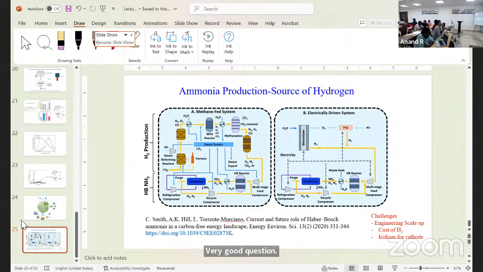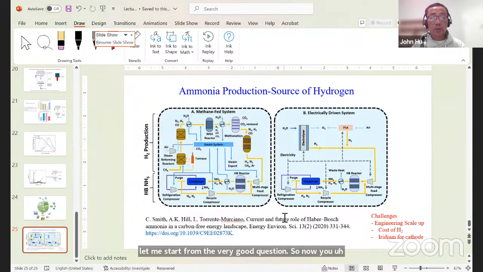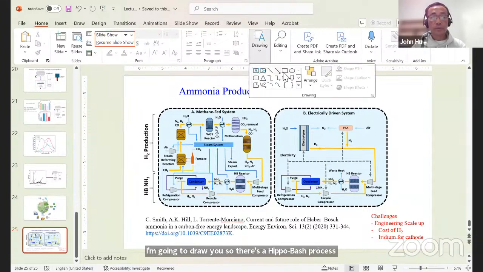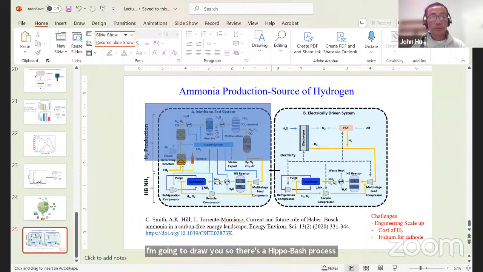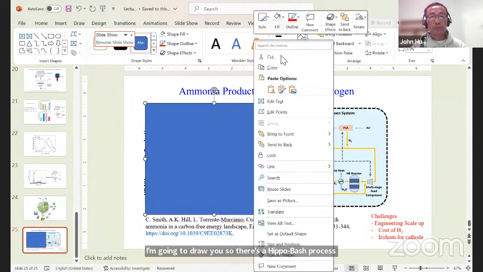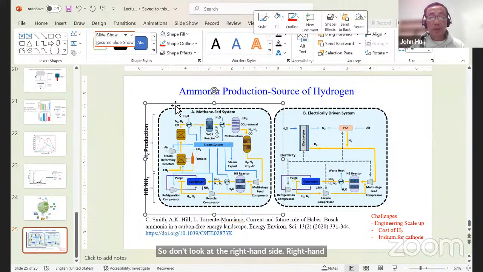So let me start from the very good question. So now I'm going to draw this Haber-Bosch process. Don't look at the right hand side, which is electrochemical. On the left hand side is the Haber-Bosch process.